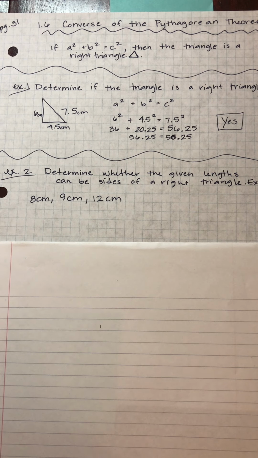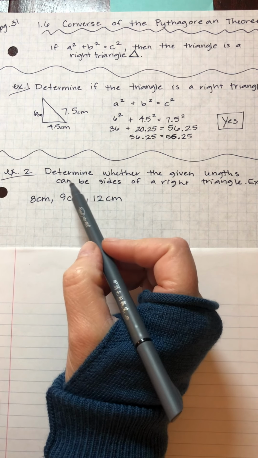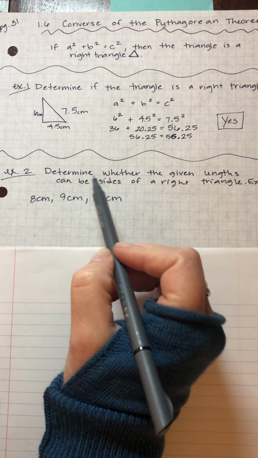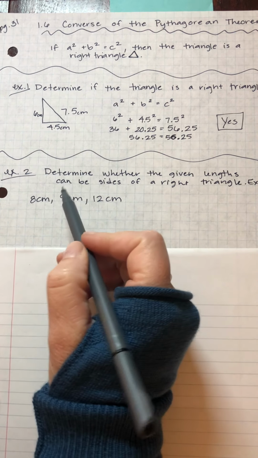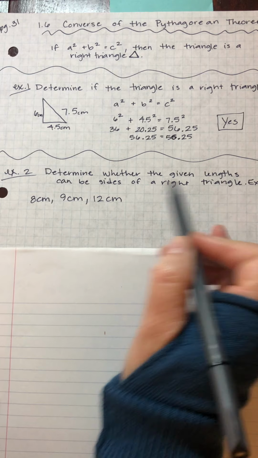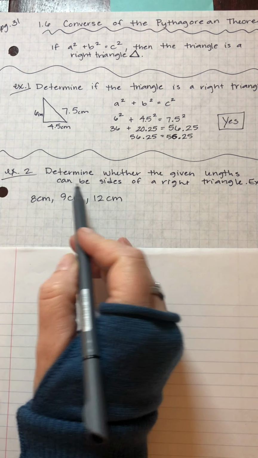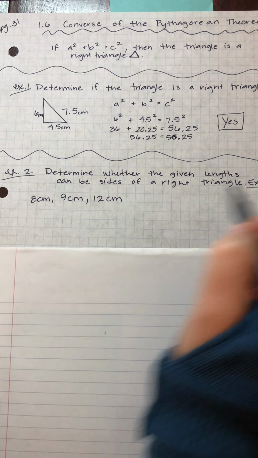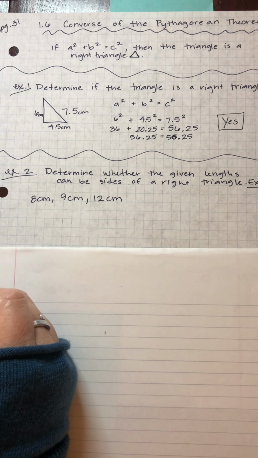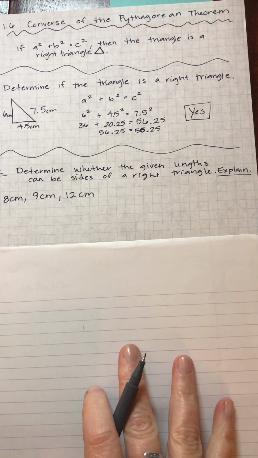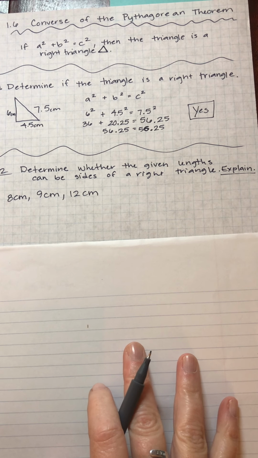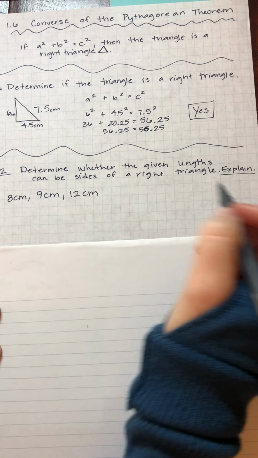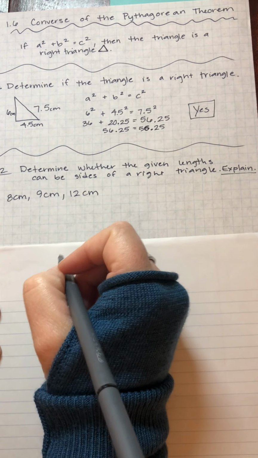Example 2. You'll also see problems written like this, okay, questions for your homework. Determine whether the given lengths, so 3 different sides, can be sides of a right triangle and explain. Okay, so when you get problems like this, this is how you're going to solve them.